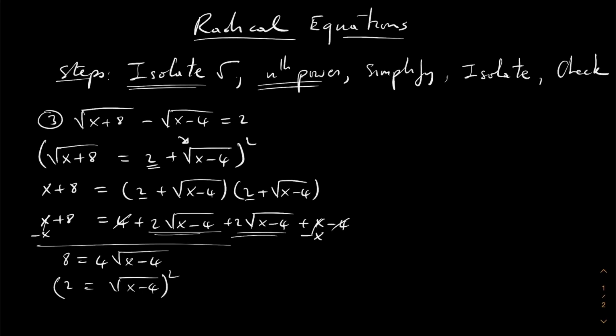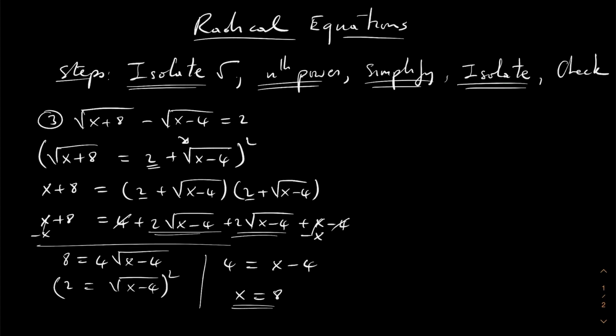So we can do that here. That will make the 2 here being 2 squared, which is 4. And then on the other side here, the root is going to cancel with the power, giving us x minus 4. And finally, we can go ahead and simplify and isolate the variable x, which is going to give us, if we add 4 on both sides of our equation, x equals 8.